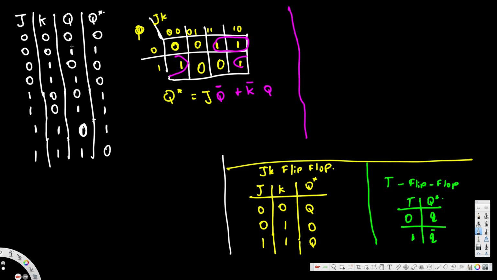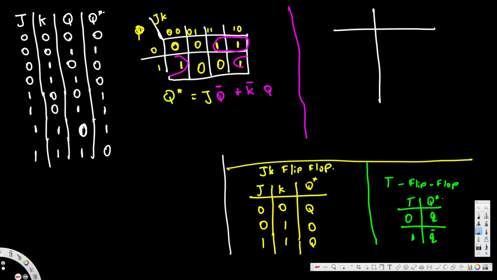Now let's look at the toggle flip-flop. For the toggle flip-flop, you can see when T is 0, Q asterisk is Q, and when T is 1, Q asterisk is Q bar. And if you include Q and Q asterisk, it's going to look like this table.